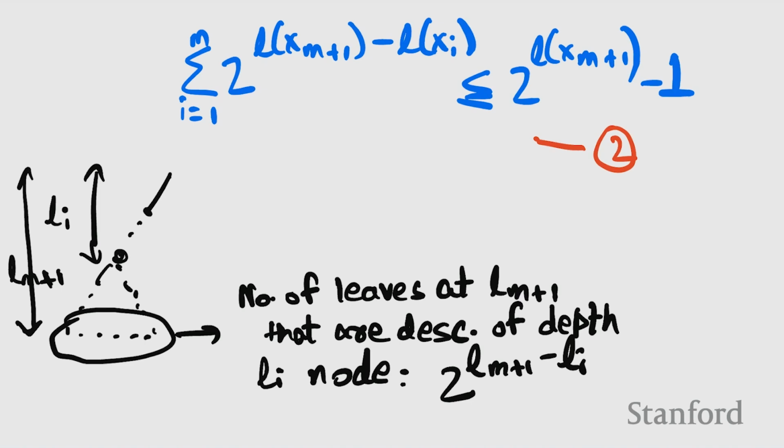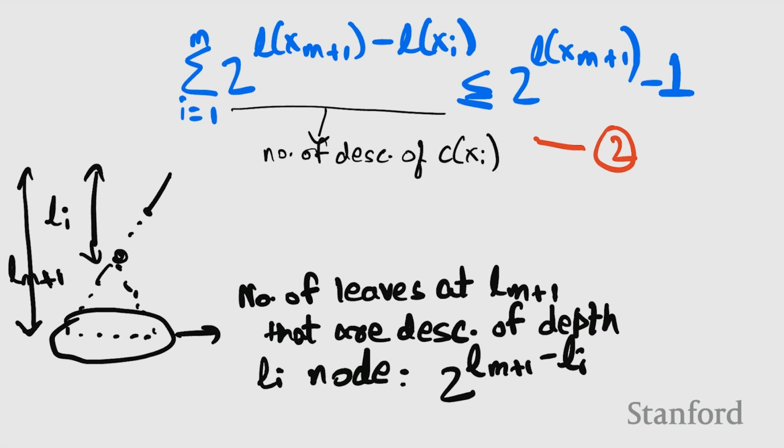Now let's come back to this inequality. What is it saying really? Each of these terms, what is it saying? This term is the number of descendants of the code word of xi, basically, that leaf at depth lxm plus 1.